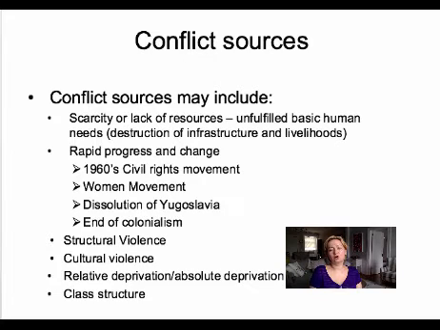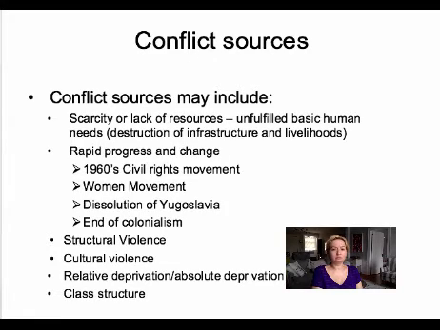So conflict, for example, may lead to destruction of infrastructure or livelihoods, so people cannot fulfill their need for food or shelter, which are some basic human needs, and this can lead to conflict and prolonging of conflict. Rapid progress and change can also bring about conflict.